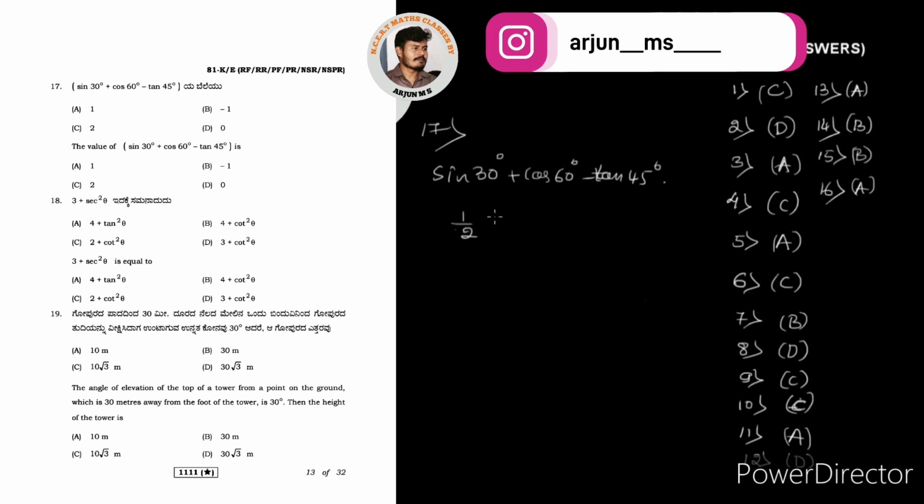Sin 30 degree is 1 by 2, you just observe in the standard table, and cos 60 degree is also equal to 1 by 2, minus tan 45 degree, which is always equal to 1. Then the sum of half plus half is equal to 1, and 1 minus 1 is equal to 0. So the answer is 0. Option D is correct for 17th question.